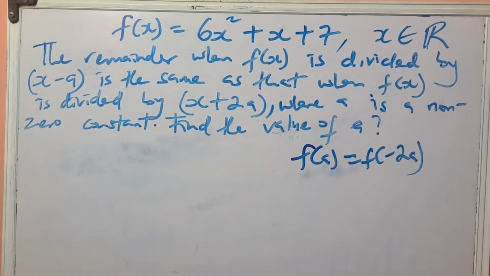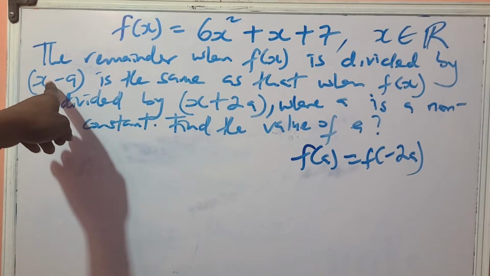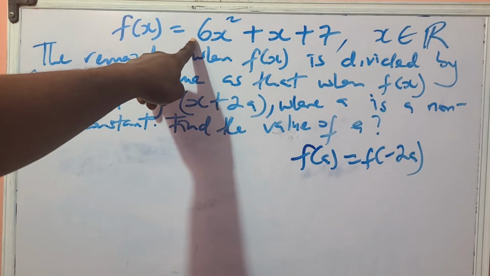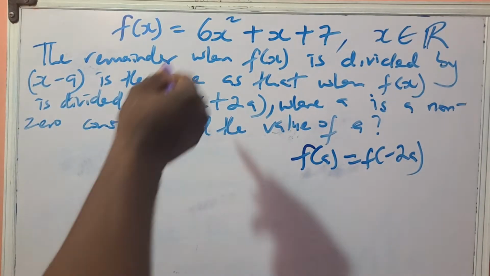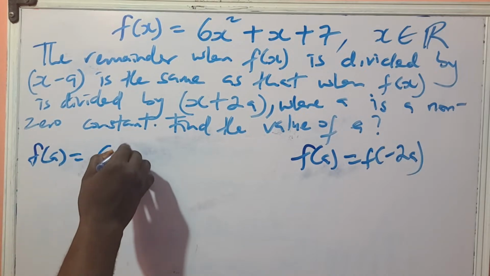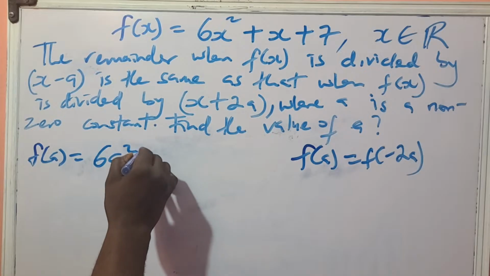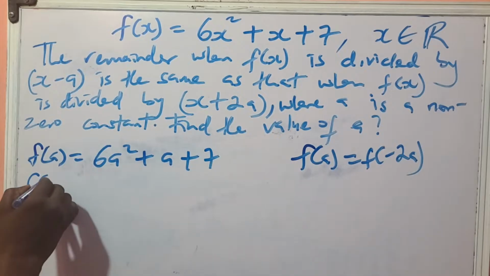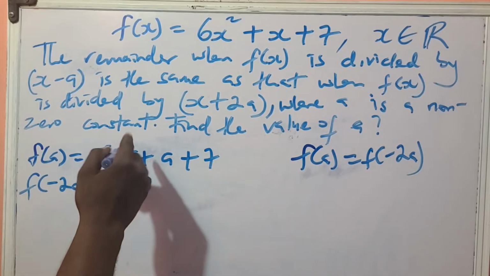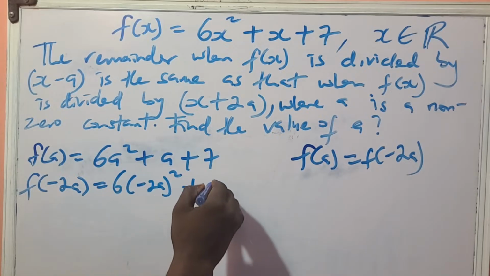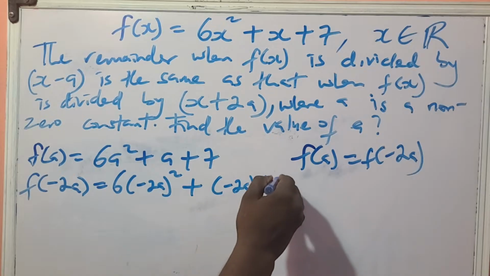Now that we have established this, we want to go on to get our remainder when we used x minus a, and that will be fixing x equals a into this equation, and let's see what we get. So f of a will be equal to 6a squared, that's just wherever you see x, you put in a, plus a plus 7. When you fix in minus 2a, that will be 6 times minus 2a squared plus minus 2a plus 7.